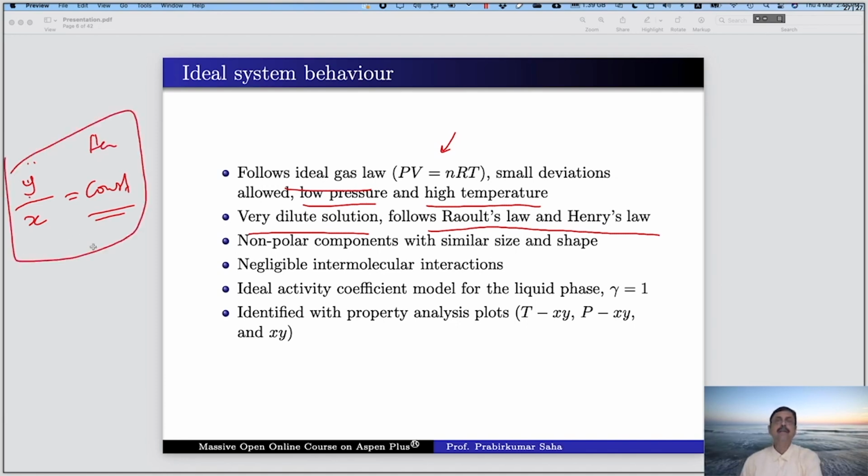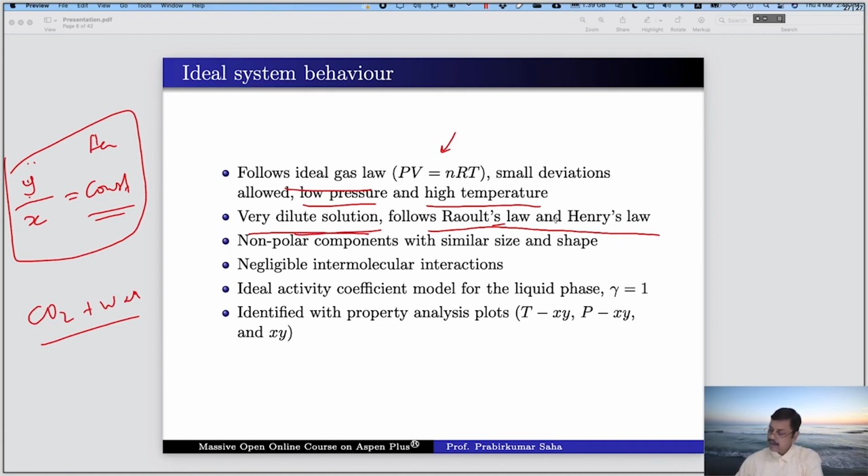Whichever component follows this law is called a Henry's component. And we have given certain examples, like CO2 in water, which follows Henry's law. And for Raoult's law, as you know, the dilute solution condition is not required.